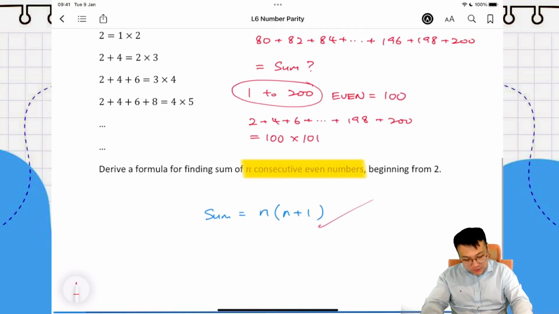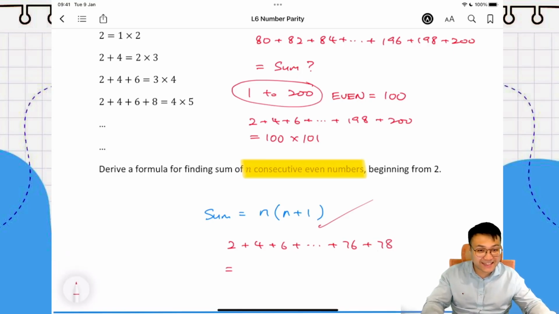Yes, very good. So you subtract up to 78 because it's all even numbers, right, Lian? So now you need to find all the numbers from 2 all the way till 78. Then tell me how many even numbers are there from 2 until 78?